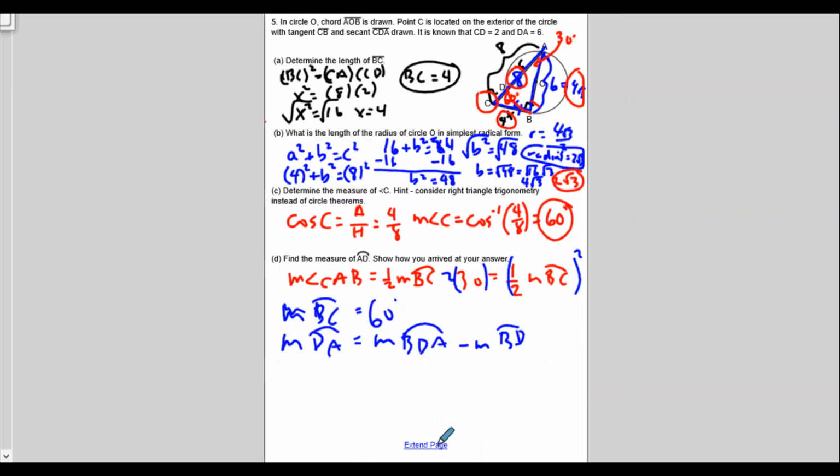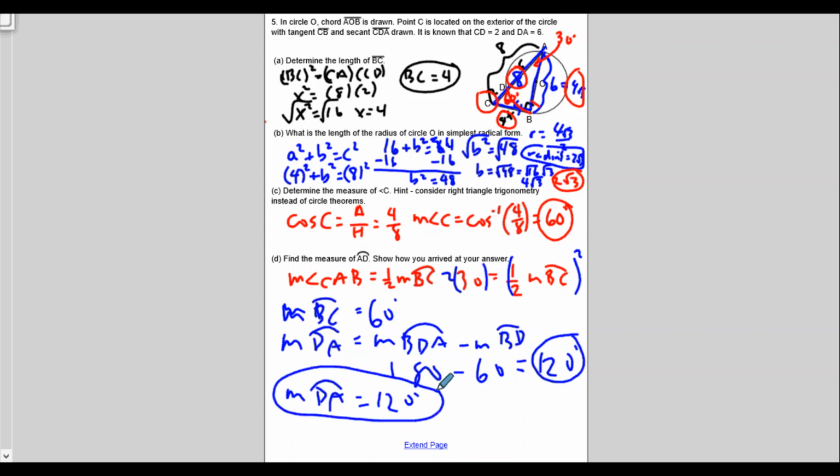And so in this case we get 180 minus 60, which is equal to 120 degrees. So the measure of arc DA equals 120 degrees. Okay? And so this is using all the information from before about our inscribed angles and such.